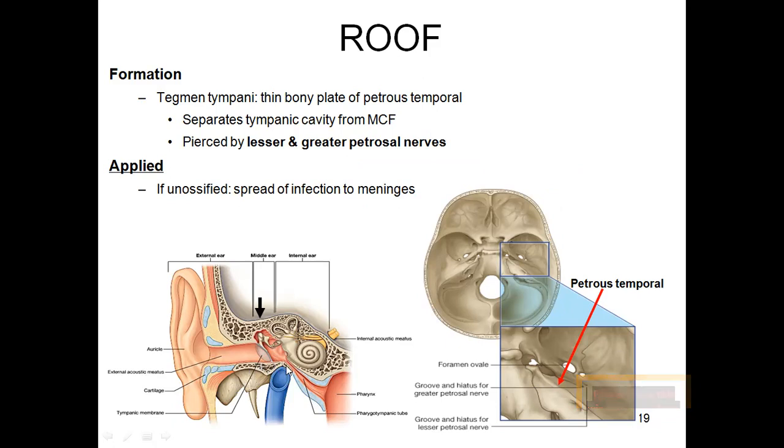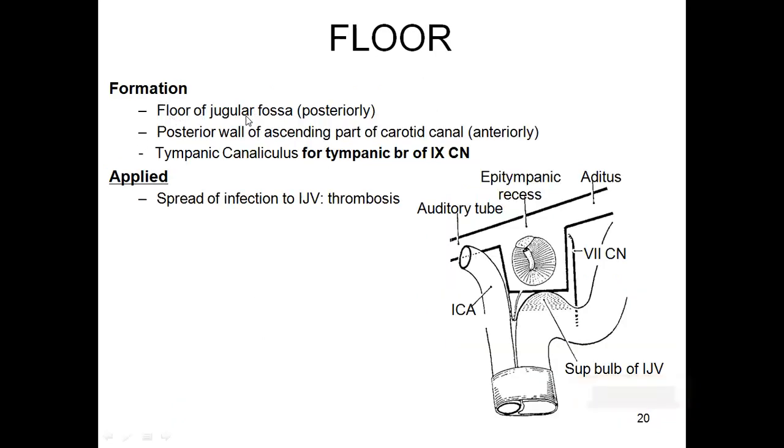Okay. Then floor. So this is the floor, right? The floor is the floor of jugular fossa posteriorly, and the posterior wall of the ascending part of the internal carotid artery anteriorly, with the internal jugular vein. This is all floor, with the tympanic canaliculus for the tympanic branch of the glossopharyngeal nerve.